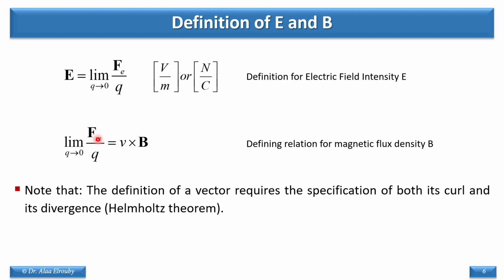Similarly, when we have magnetic force, this is related to both the velocity of motion of the charge Q and the direction of what we define as the magnetic flux density. Also, the force is related to the direction of the two quantities, the velocity and the flux density, with the cross product.